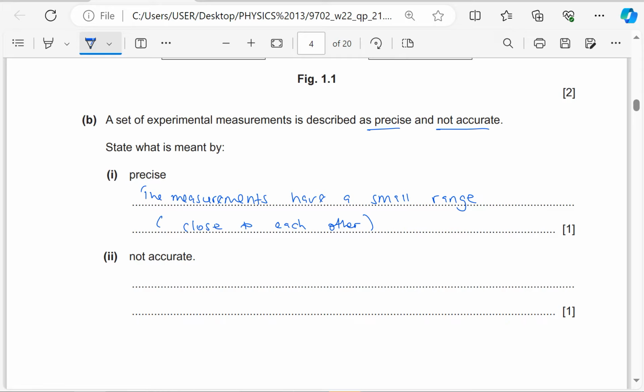That means the average of the measurements is far from the true value.